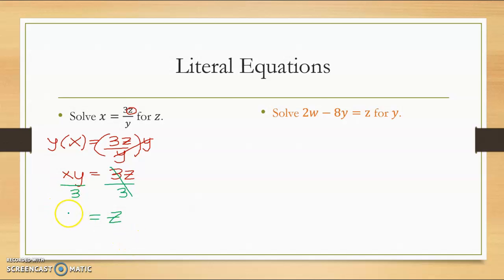And on the left-hand side, there are no like terms here, so it's just going to say xy divided by 3. See what you can do for the problem on the right-hand side. You can pause the video and try it on your own, and then come back and see if your answer matches.